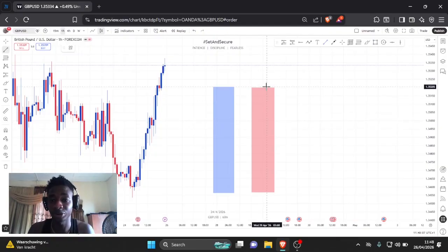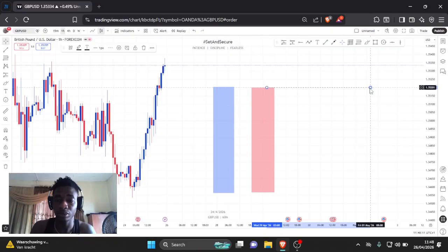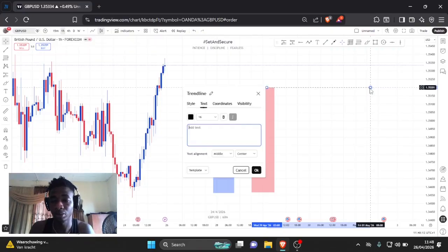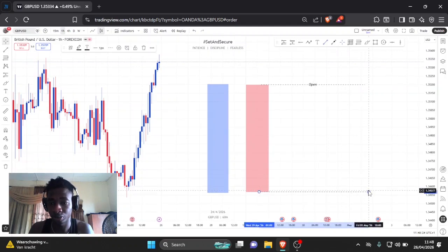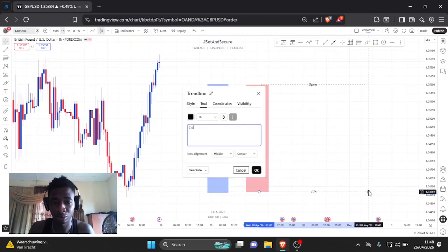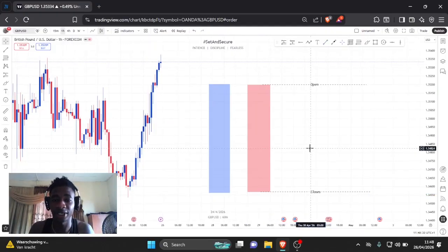The bearish candle opens above and closes below. The bullish candle is vice versa.